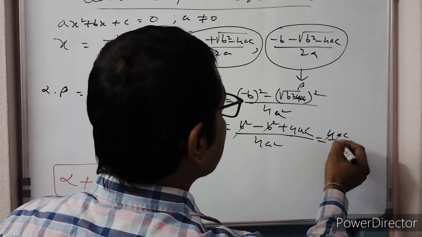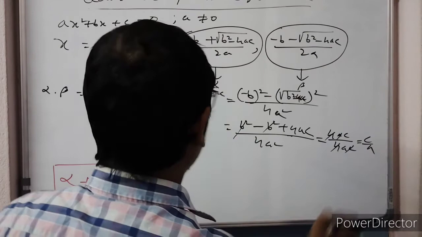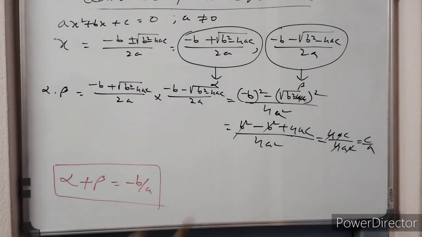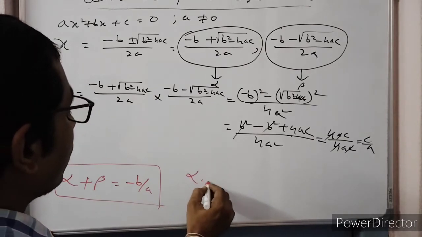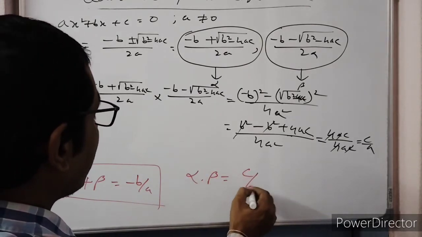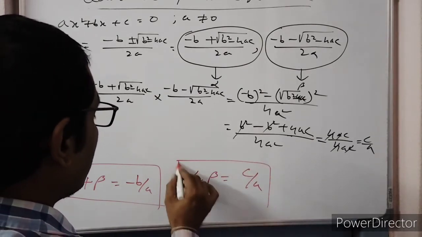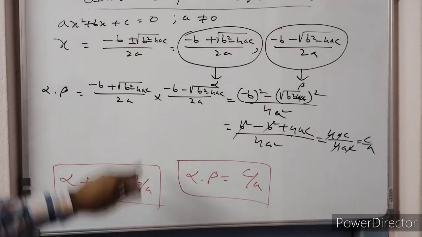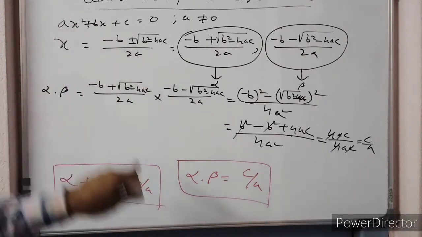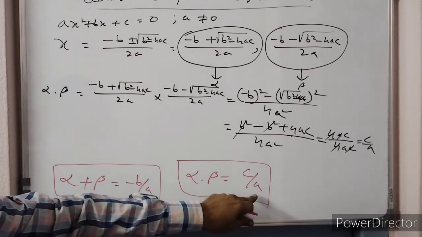The b square cancels, 4 cancels and a cancels, so it is c by a. So the product of the roots alpha into beta equals c by a. So in a quadratic equation, the sum of the roots is minus b by a, and the product of the roots is c by a.